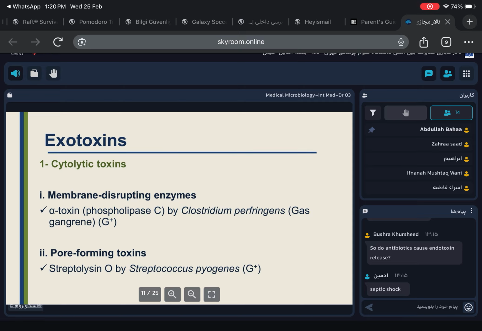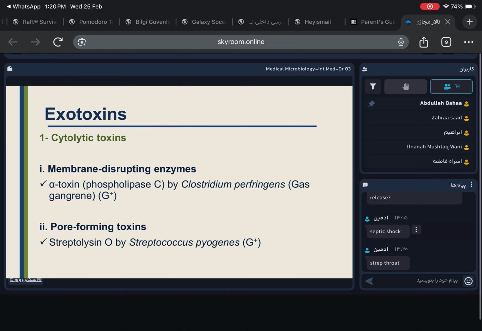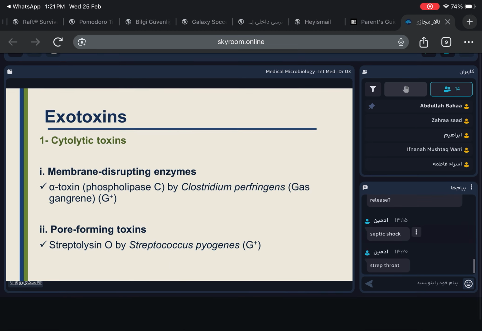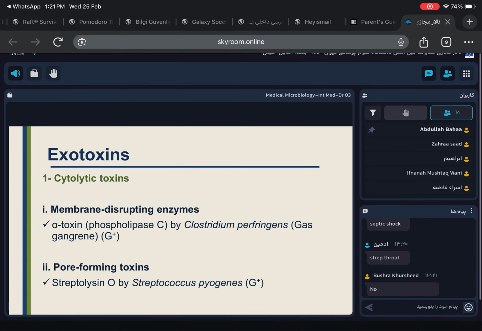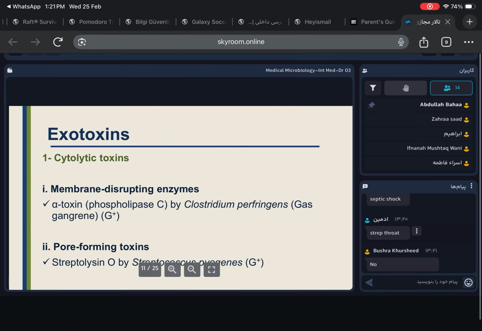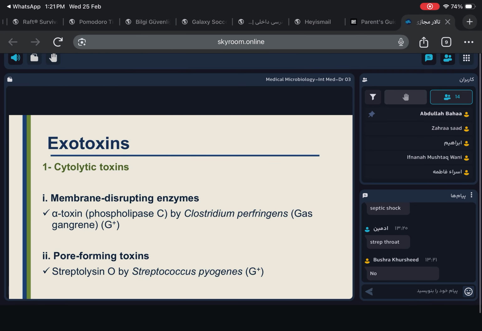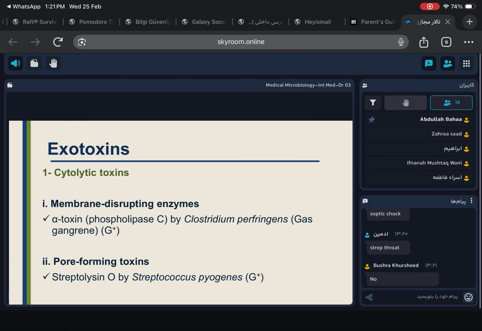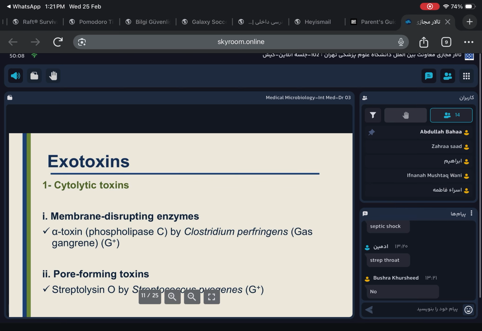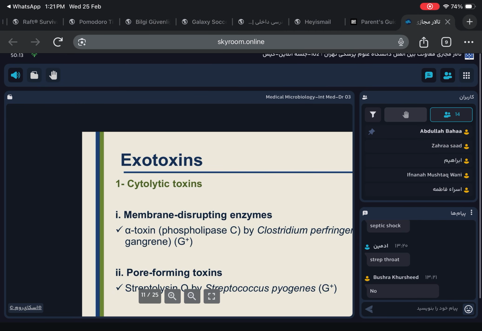Have you ever heard the name strep throat? A strep throat happens because of the infection by Streptococcus pyogenes.